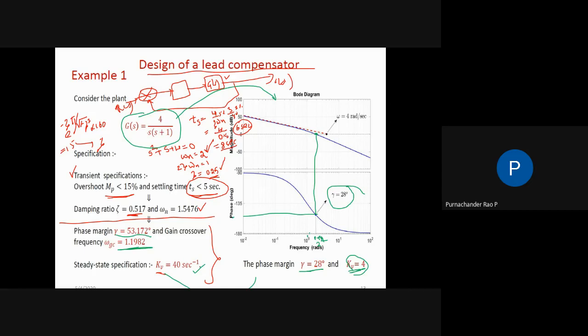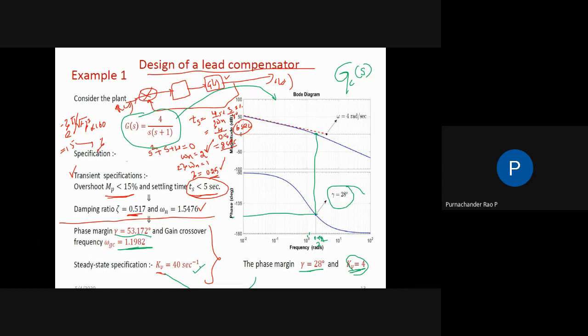That means it should be somewhere here, and you have to get it there. So these are the requirements of the system. To get these performance specifications, we need to design our compensator, which is called Gc(s).